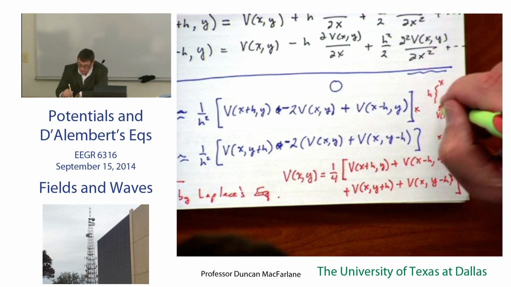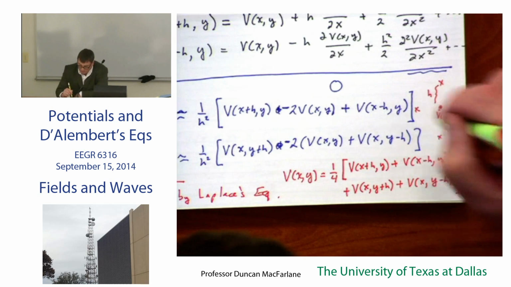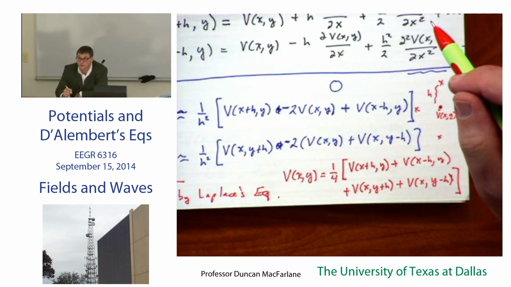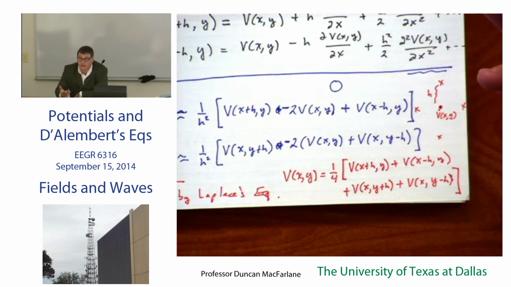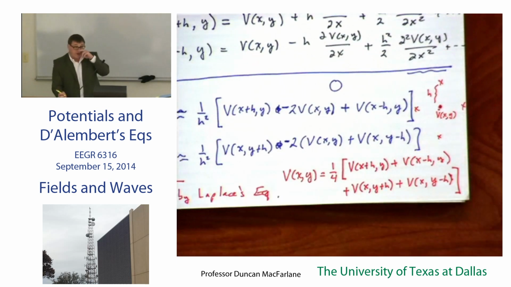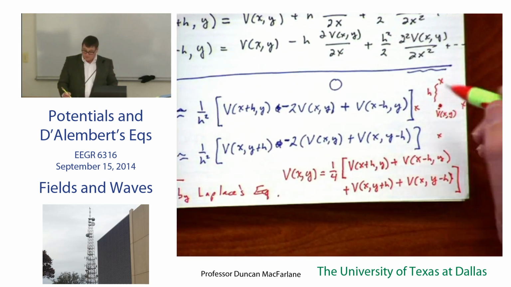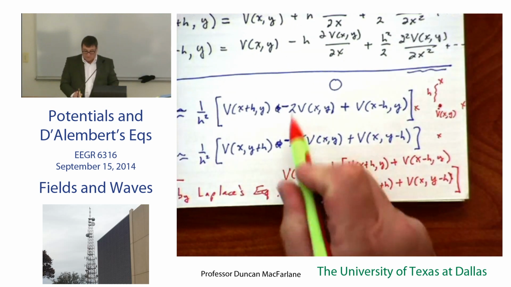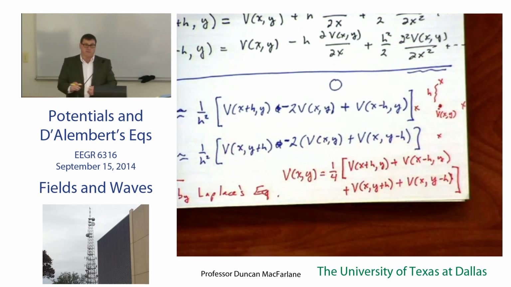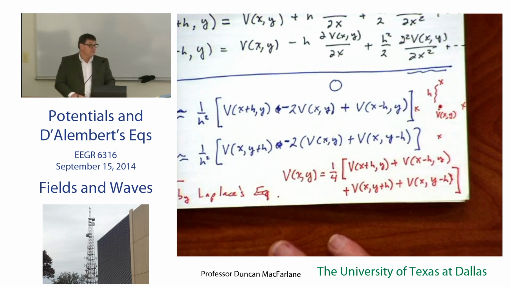So the voltage at this point is the voltage of this point, this point, this point, and this point divided by 4. And that's a simple numerical average, right? If I extend this to the third dimension, then this goes to 1/6 because I'll have 3 of these terms, and so it'll be the average, above the page and below the page by some amount h.